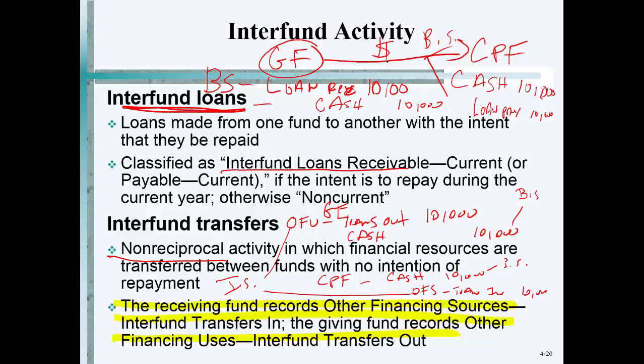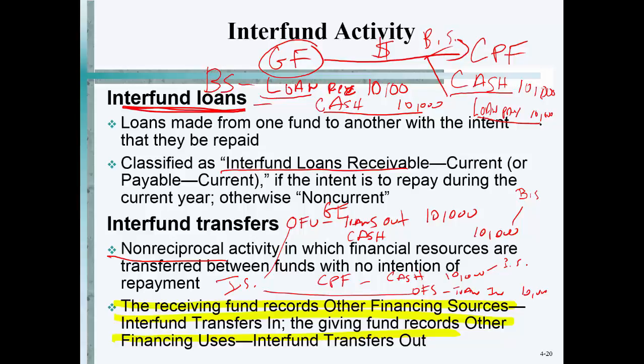In the general fund, we will debit loan receivable and credit cash, because we're sending them cash to lend. In the capital project fund, they will debit cash and credit loan payable for this $10,000, right?